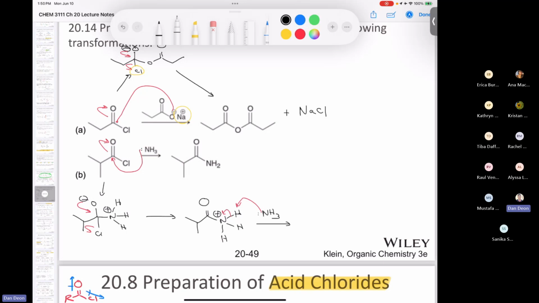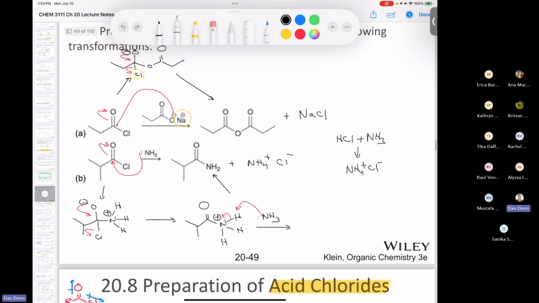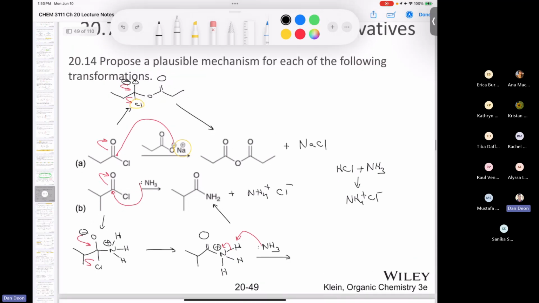Then we end up with the product, plus ammonium chloride. Remember, we have no HCl, because HCl plus ammonia gives you ammonium chloride. It's going to lie to the side of the weaker acid. HCl is a strong acid, and ammonium certainly isn't. So there you have it, my friend. That is why we use an excess of ammonia in this case.